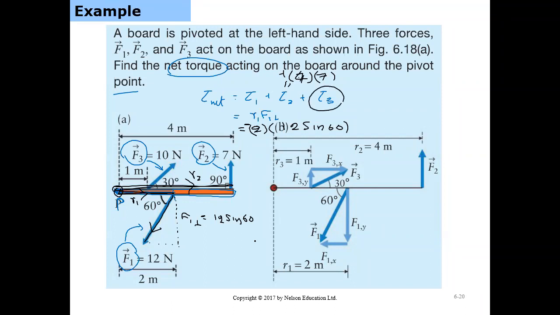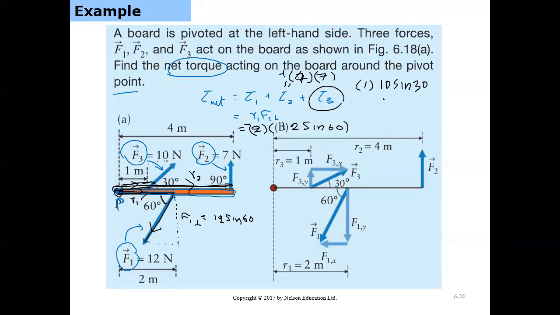Now let me look at torque 3. Torque 3 is from the force F3. R will be 1 meter now. And the perpendicular force will be 10 sine 30, not 10, because it is at an angle. So the perpendicular component of 10 Newton will be 10 sine 30, because it is making an angle of 30 degrees with R3. This is the R3 now.